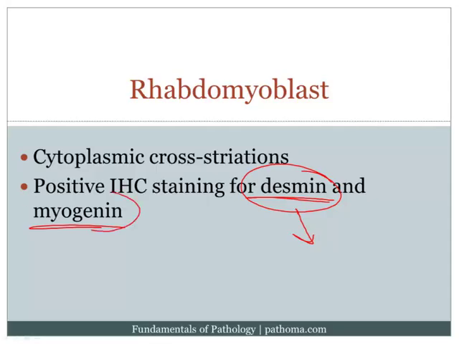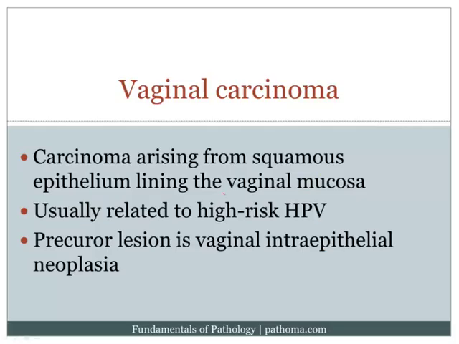And myogenin is a nuclear transcription factor that would be present in immature skeletal muscle. And so if the tumor is positive for desmin and myogenin, that would automatically tell us that we're dealing with immature skeletal muscle. And of course, because it's producing a mass or a tumor, that would indicate a rhabdomyosarcoma. And so these are some important features of rhabdomyosarcoma that we should be aware of.